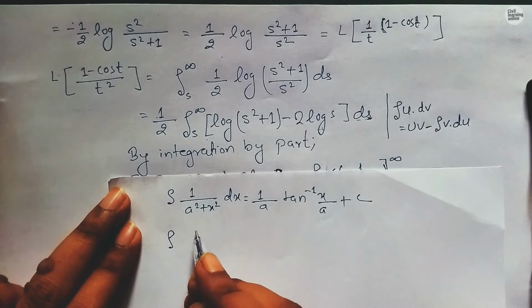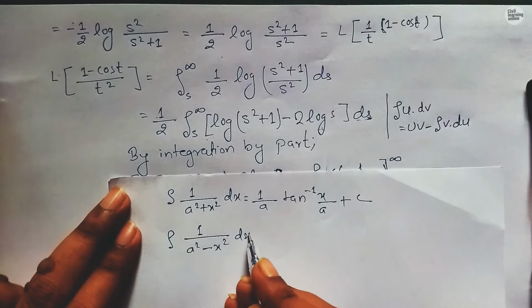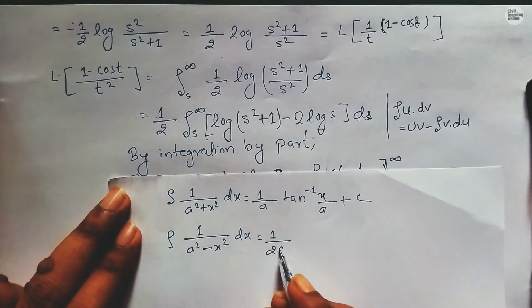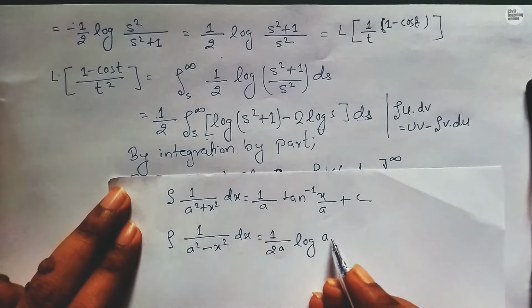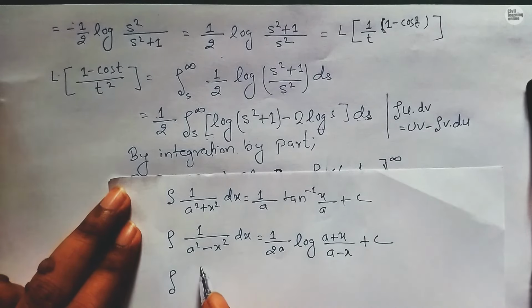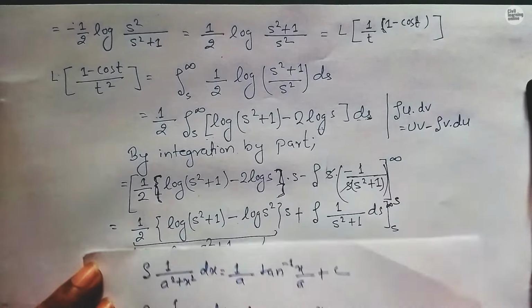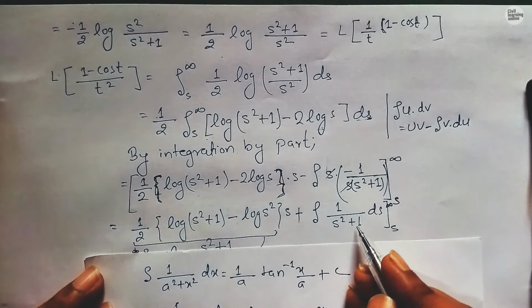Similarly, integration of 1 upon a square minus x square dx equals 1 upon 2a log (a plus x upon a minus x) plus c. Integration of 1 upon x square minus a square dx equals 1 upon 2a log (x minus a upon x plus a) plus c.